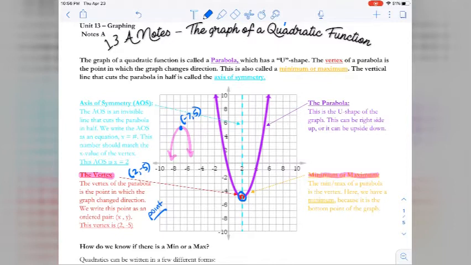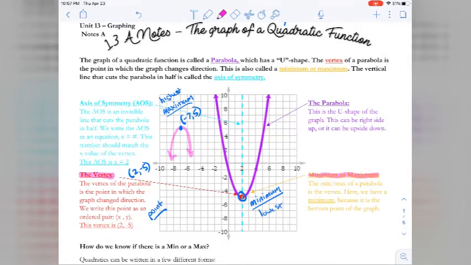In the case of the graph here, it's our minimum point because it's the lowest point on the graph. In this case, our vertex is our maximum point because it's the highest point on the graph. Those are two very important terms to understand.